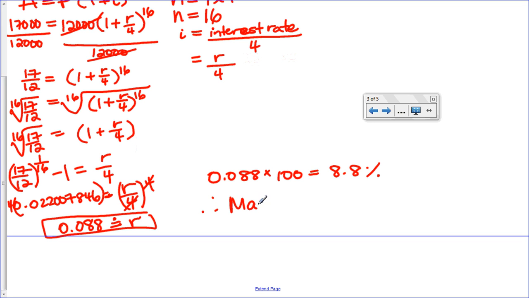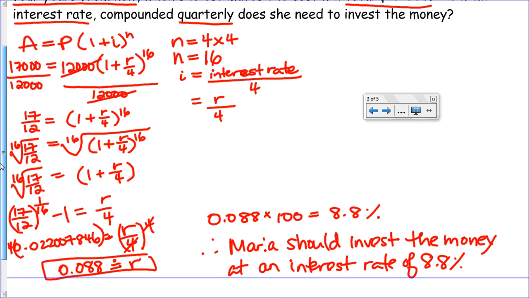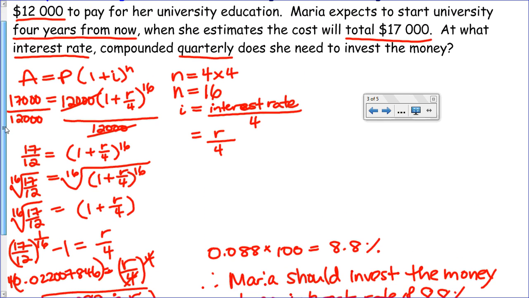Therefore, Maria should invest the money at an interest rate of 8.8%. All right, so this is an example of solving for the interest rate given A, P, and N.